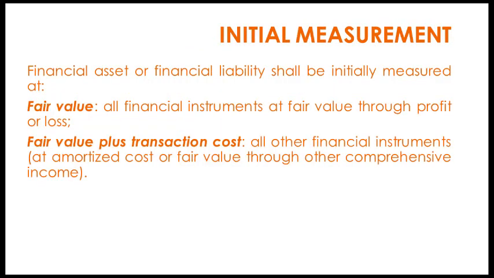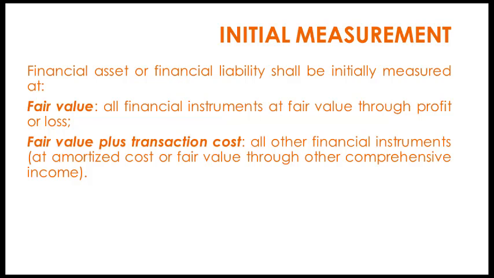Now, what will be the initial measurement? After you recognize and determine whether it is under amortized cost, FVOCI or FVTPL, you will measure the financial asset or liability. Financial assets or liabilities shall be initially measured at fair value, or fair value plus transaction costs.